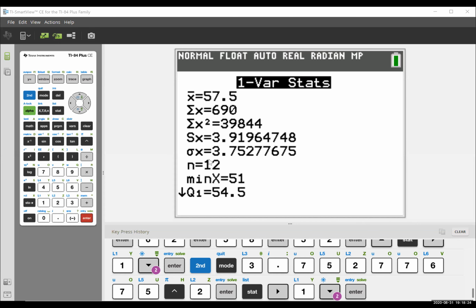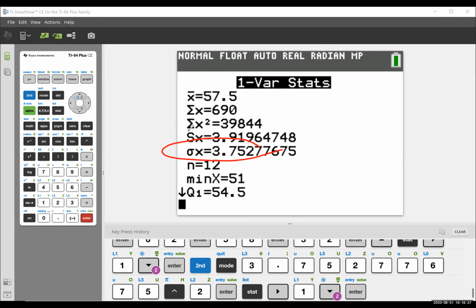So I'm gonna show this to you. Sorry if I go back and forth between PowerPoint and this. Look at this. This is your population standard deviation, 3.753.